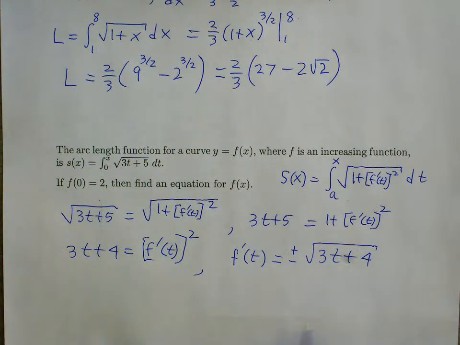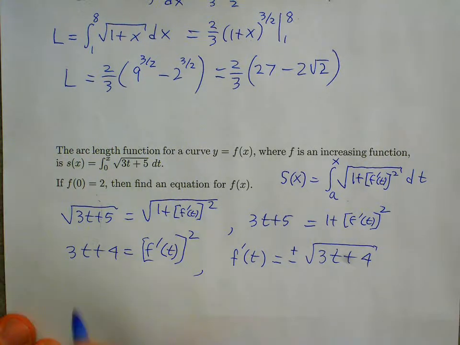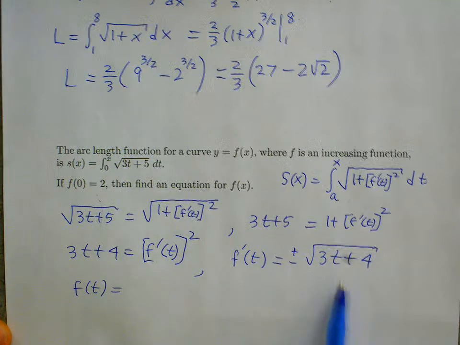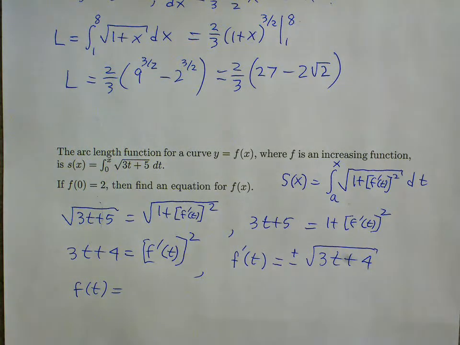And then using the initial condition, f of 0 equals 2, that will help us determine if this should be positive or negative. Okay, but since we have a formula for f prime, then we can find f of t by finding an antiderivative of either positive or negative square root of 3t plus 4.